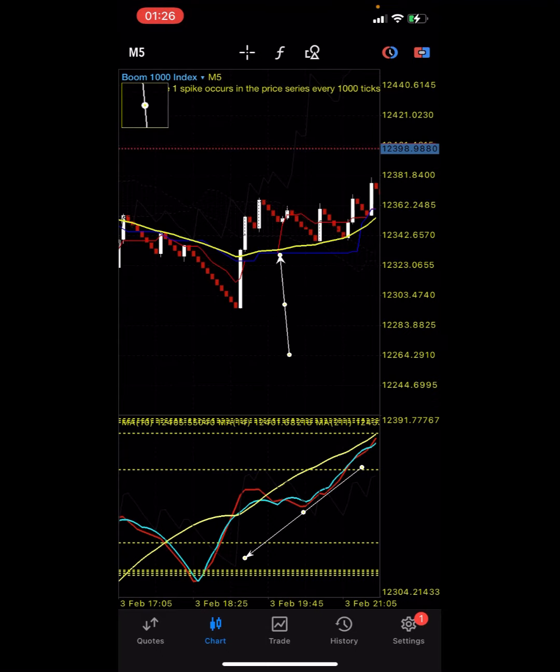With these two indicators, the one on your main chart and the one in the indicator window, you'll have more confluence to take good trades. In a few minutes, I'll explain how the strategy works and give you the full settings.